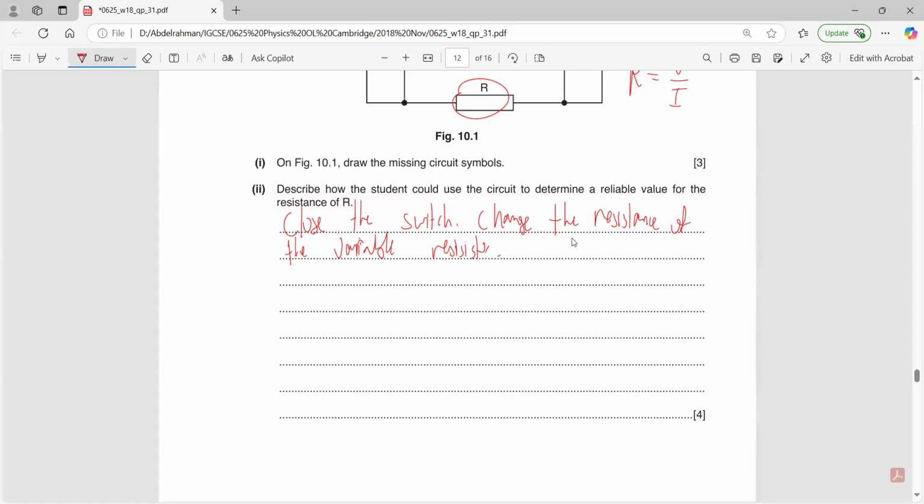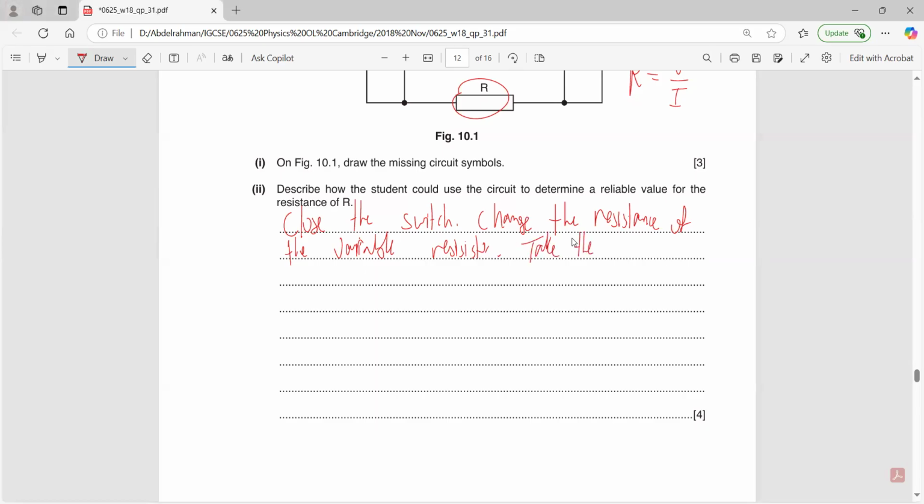Then, for each resistance changed, measure or take the reading of the current and the reading of the voltage from the ammeter and the voltmeter.